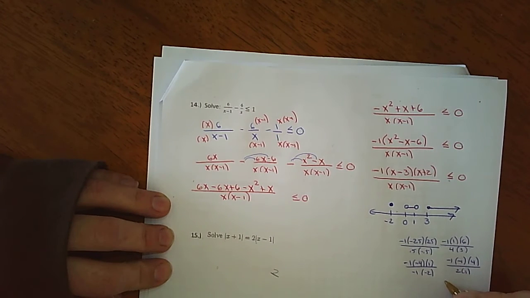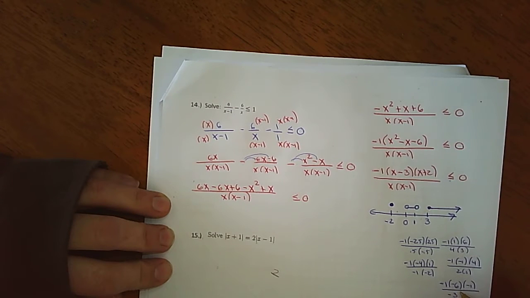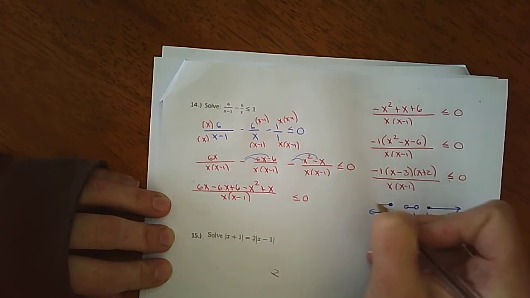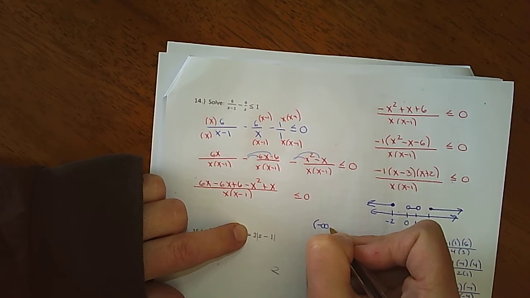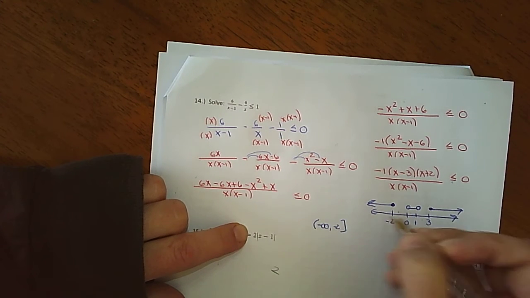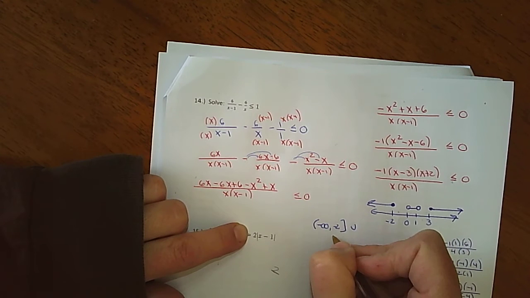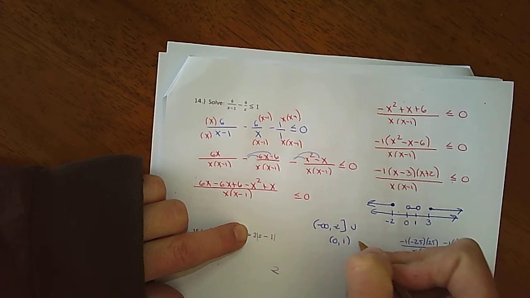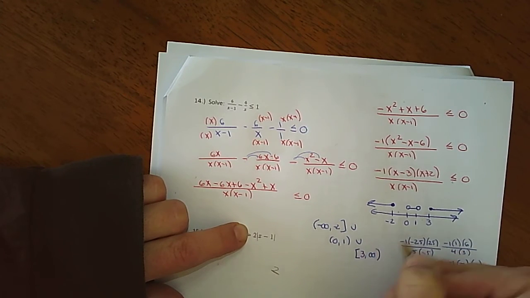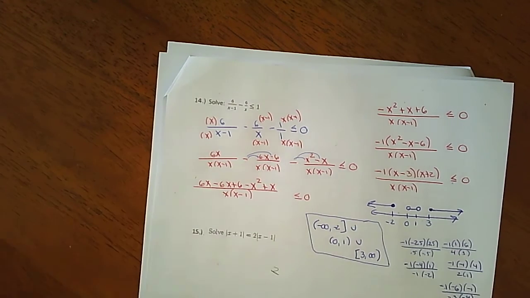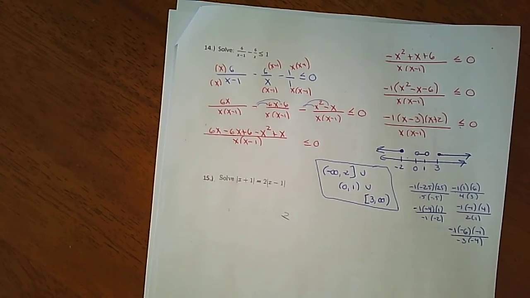And now do negative 3. Okay, how many negatives? 1, 2, 3, 5. So that's negative. So my answer is going to be negative infinity to negative 2, solid bracket, union, soft bracket to soft bracket, union, hard bracket to positive infinity, soft. And there's my answer. All right, that's that guy.